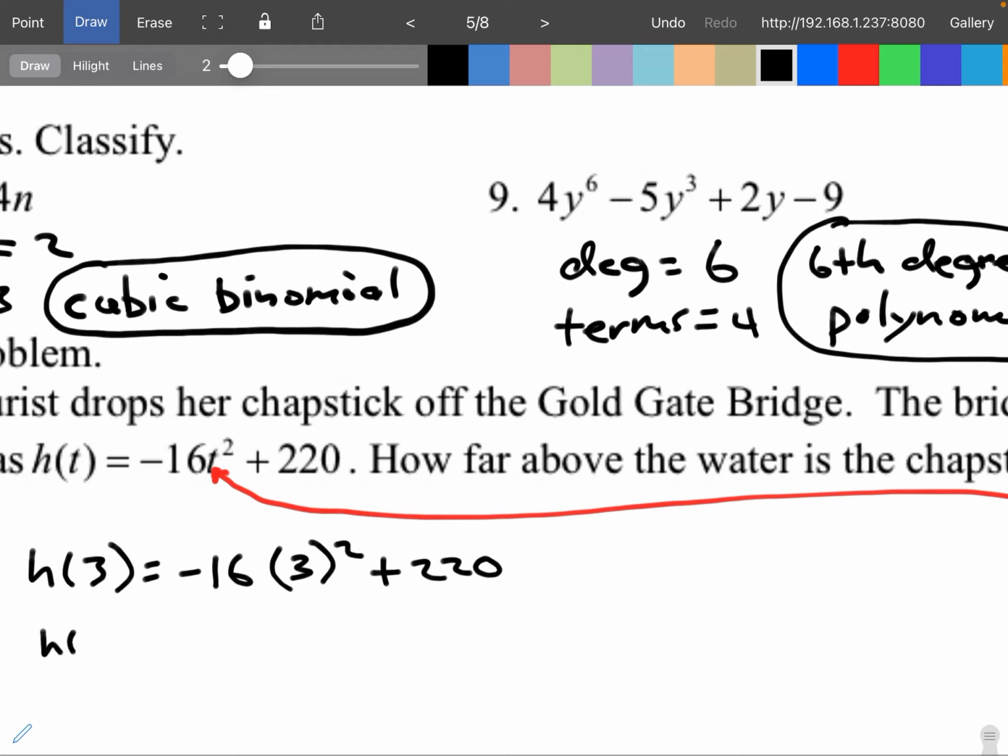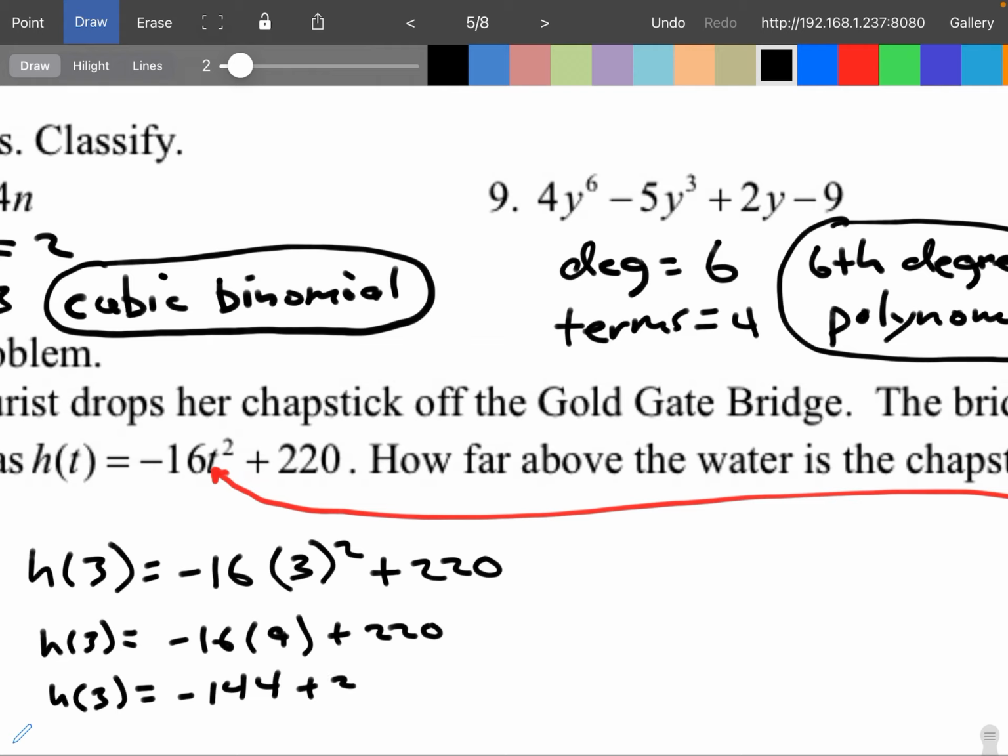So we're going to do the 3 squared first. So what's 3 squared? Yep, that's 9. So we got negative 16 times 9 plus 220. So then the height after 3 seconds is going to be negative 16 times 9.